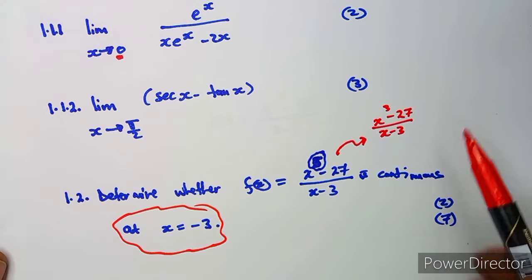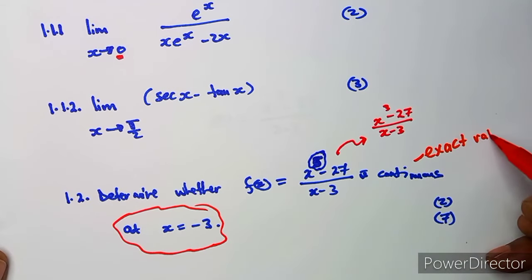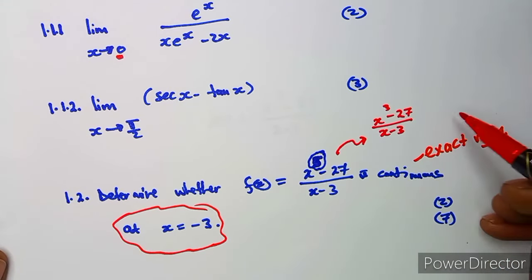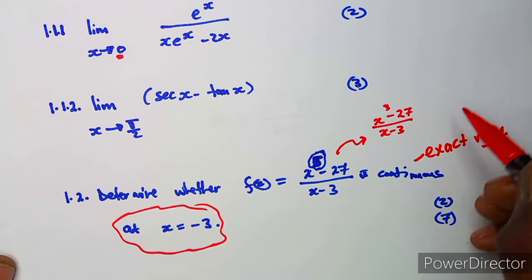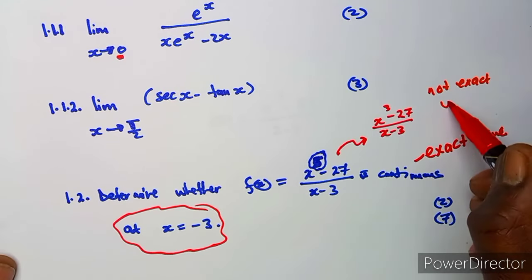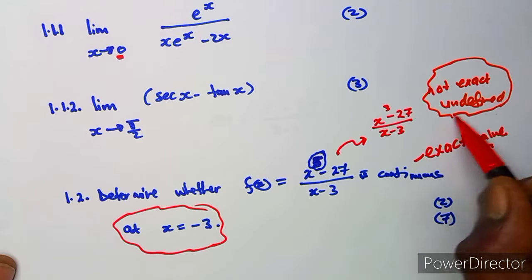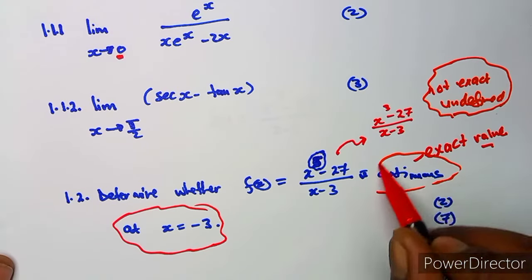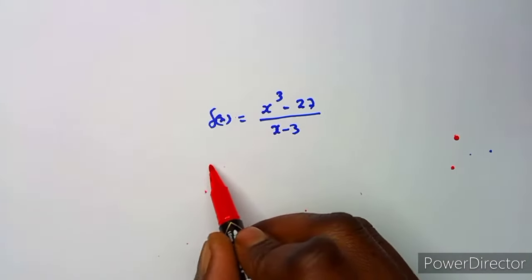So we know that if it is continuous, it means it is going to give us an exact value. When I'm referring to exact value, it can be a fraction, a decimal, a whole number, it can be any number, but it must be an exact value. When it is discontinuous, it means it is not exact, that is, it is undefined. So continuous, it's exact. Let's substitute x as minus 3 and see if this is going to be exact.